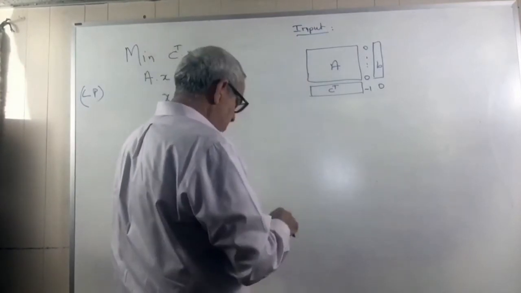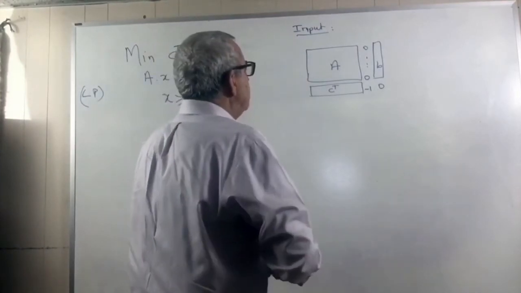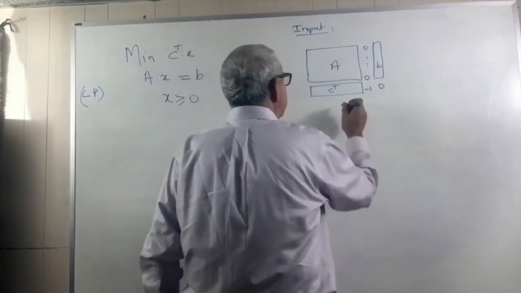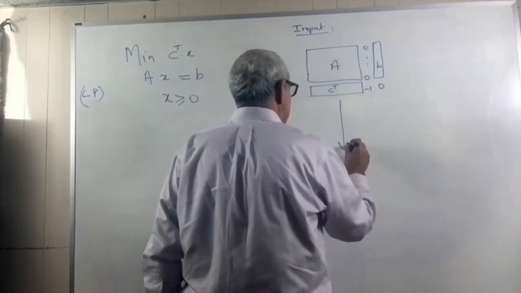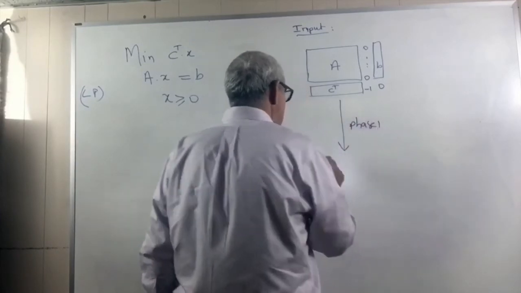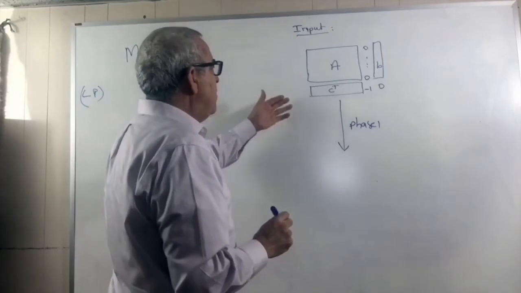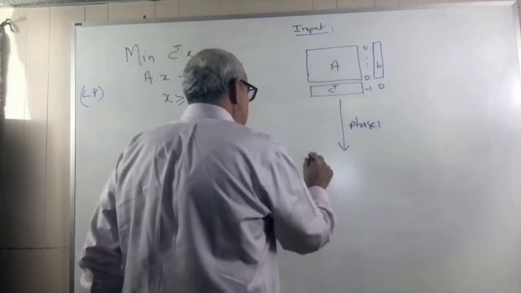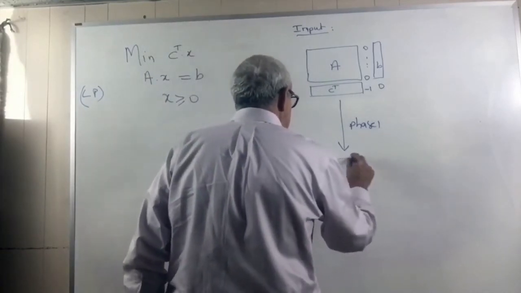Now, the purpose of phase one is to take this and find a simplex tableau of this form, something that looks similar to that.